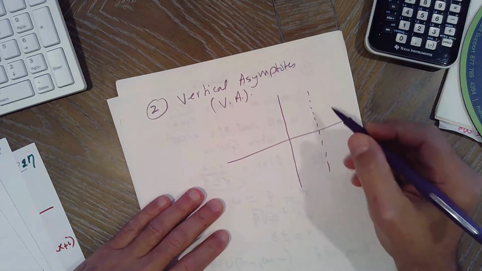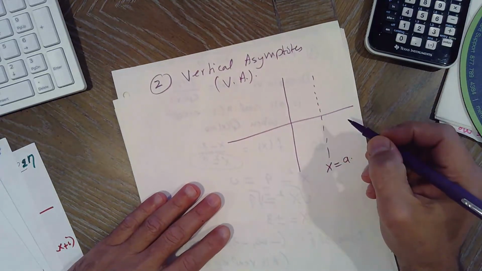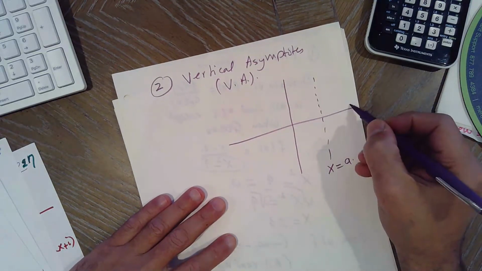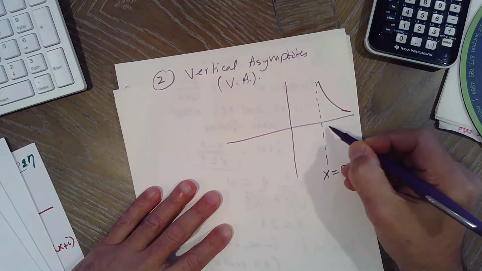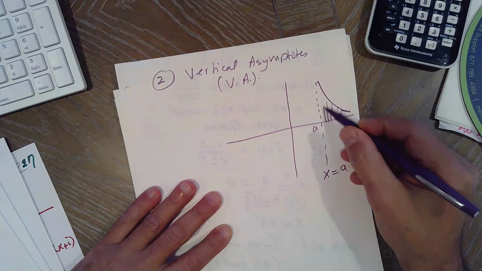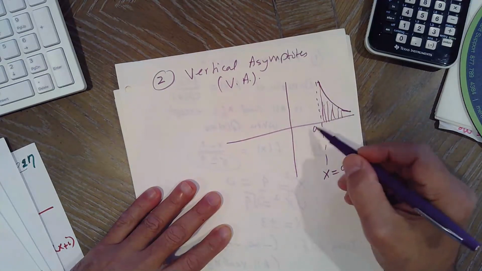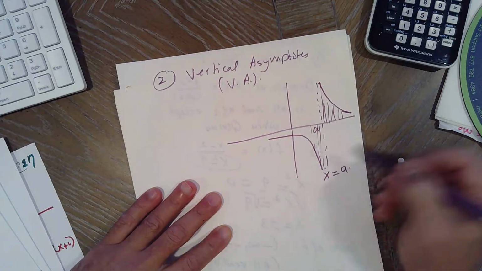So this is x equals a. As x goes to a, as you're getting close to a, your y value is going to infinity. It could be negative infinity. It could be from this side, or both.